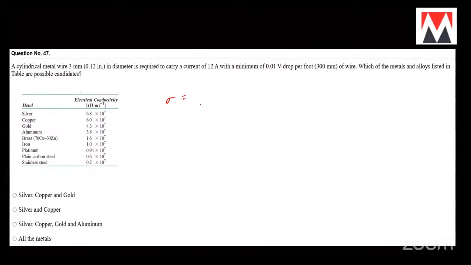The conductivity is nothing but I L by V A. You have 12 ampere into 300 into 10 power minus 3 meters by 0.01 into pi d square, right?